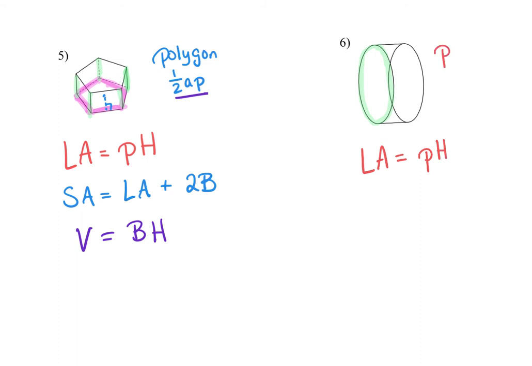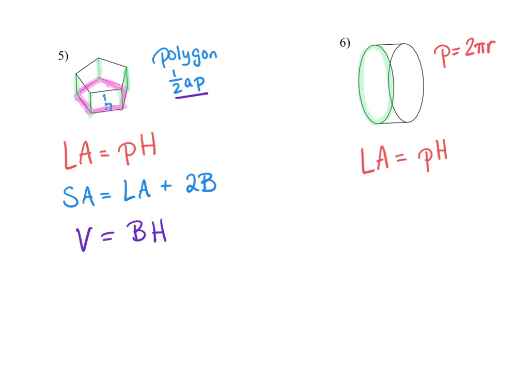But specifically, the perimeter of a circle is called the circumference, and we calculate that by 2 pi r. So instead of adding up sides to go around a circle, you don't have sides of a circle. 2 pi r is how you get around a circle. That is circumference. So it's still the perimeter of a circle times the height, but calculating that is not adding sides up. Calculating that is 2 pi r.